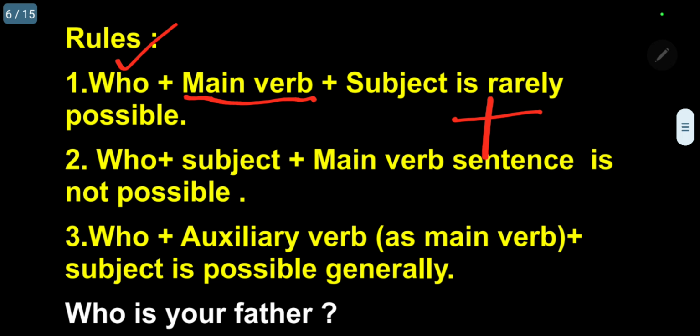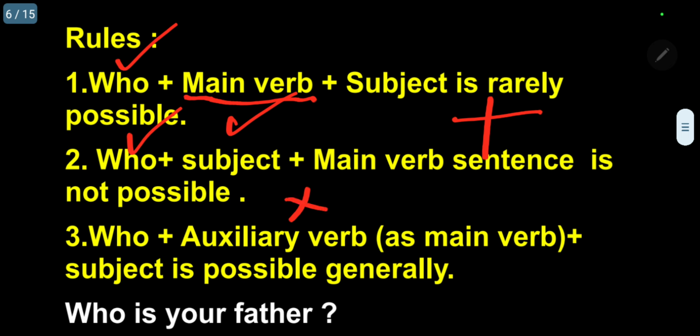That is, who is, or who walk. That means the sentence will not be completed. And then a subject, that is rarely possible. The second possibility, WHO plus subject. After WHO comes the subject: I, you, first person, second person, or a noun, singular, plural, anything. Then a main verb is also not possible.